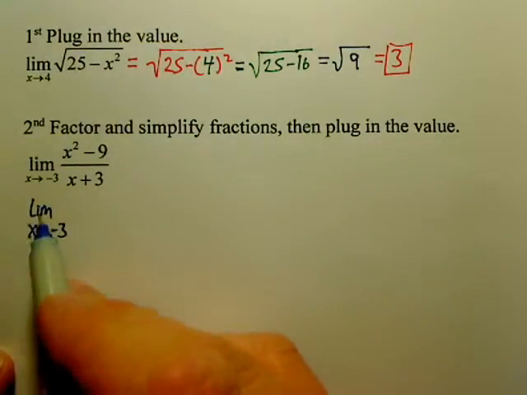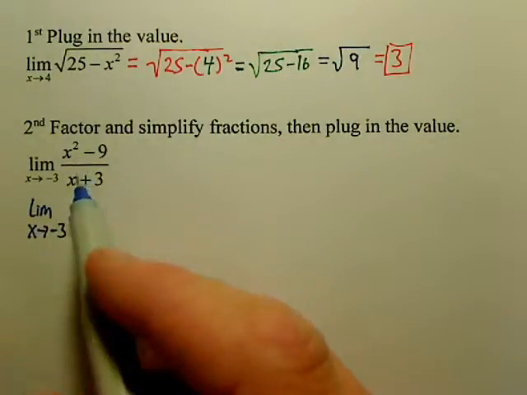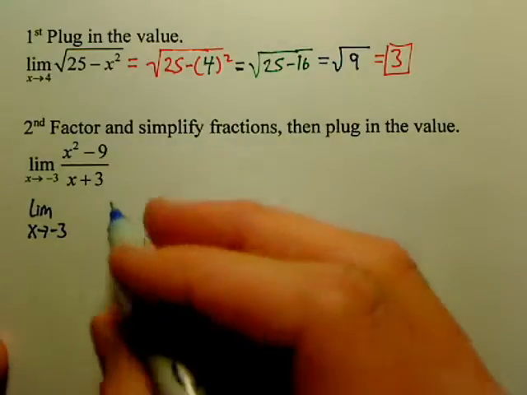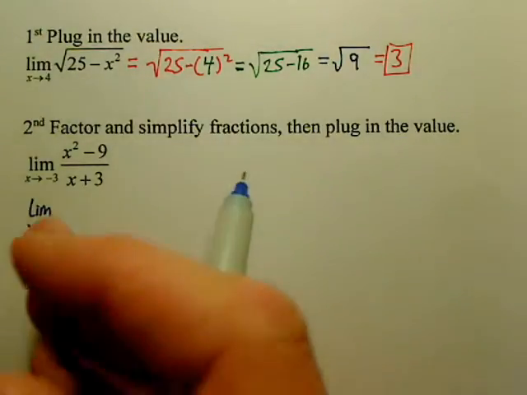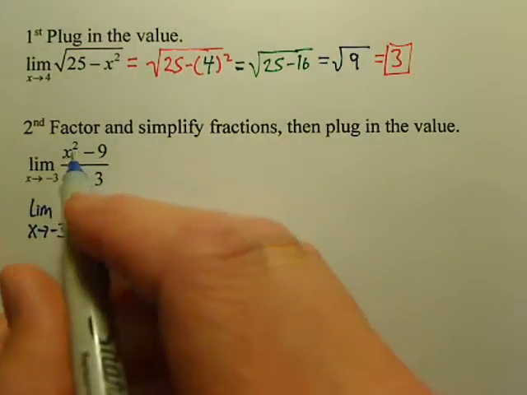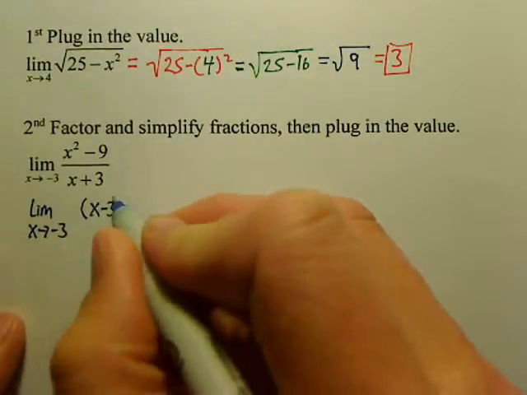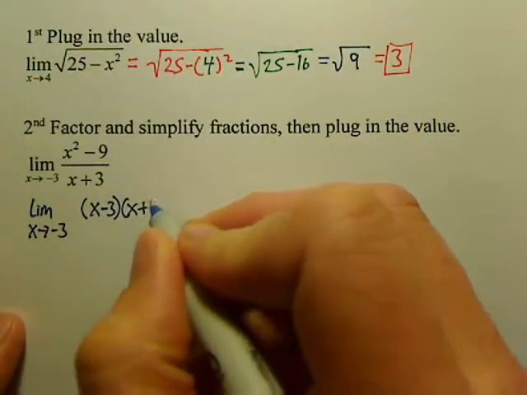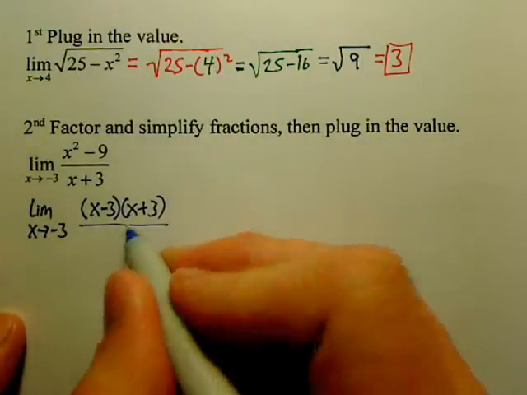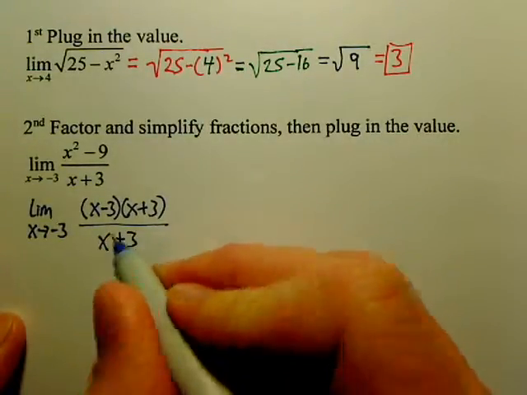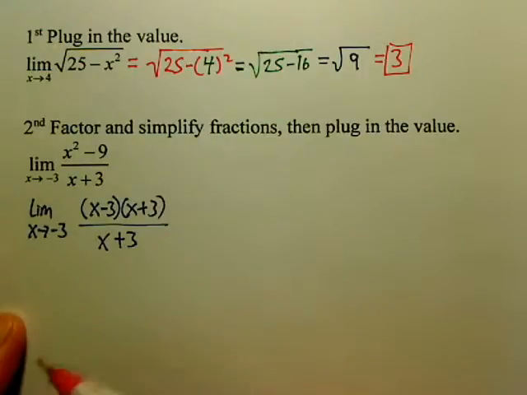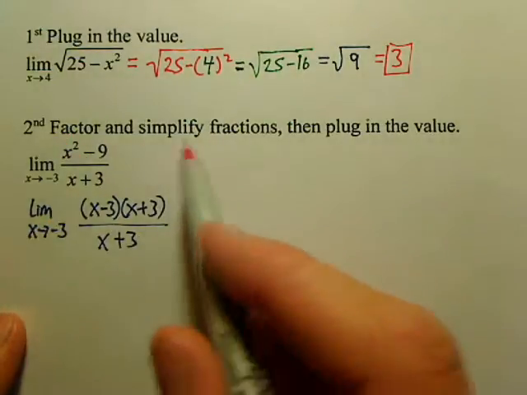It's actually important you rewrite the word limit when you're simplifying the limits, because we want to keep the limit idea going along. What I'm going to do is factor the top. Hopefully you notice that's called a difference of squares. Leave the bottom.